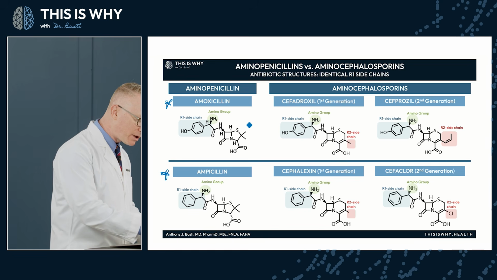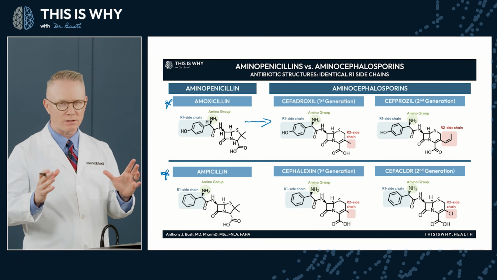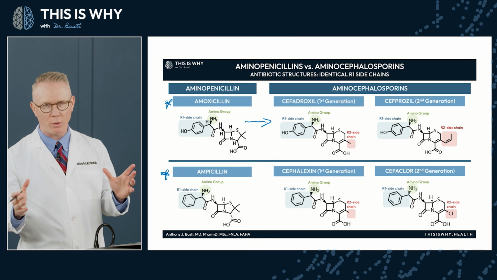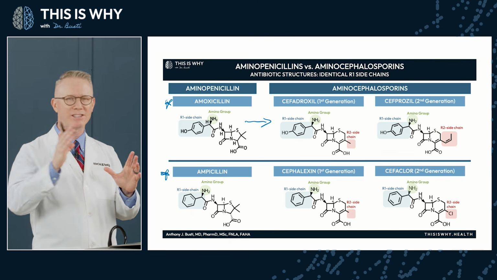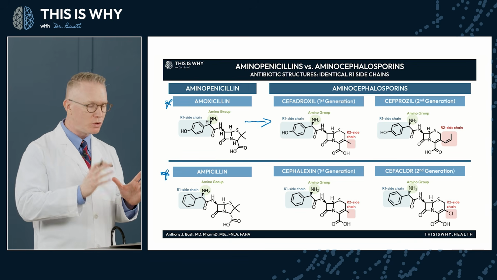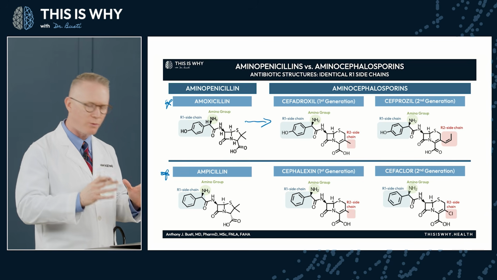And if you go looking over to the right, you now see the equivalent, basically, aminocephalosporins. When I say equivalent, I'm talking about the R1 side chains. Because remember, that's where the cross-reactivity is the greatest, meaning these are the cephalosporins that you would see higher rates of cross-reactivity and would want to avoid.